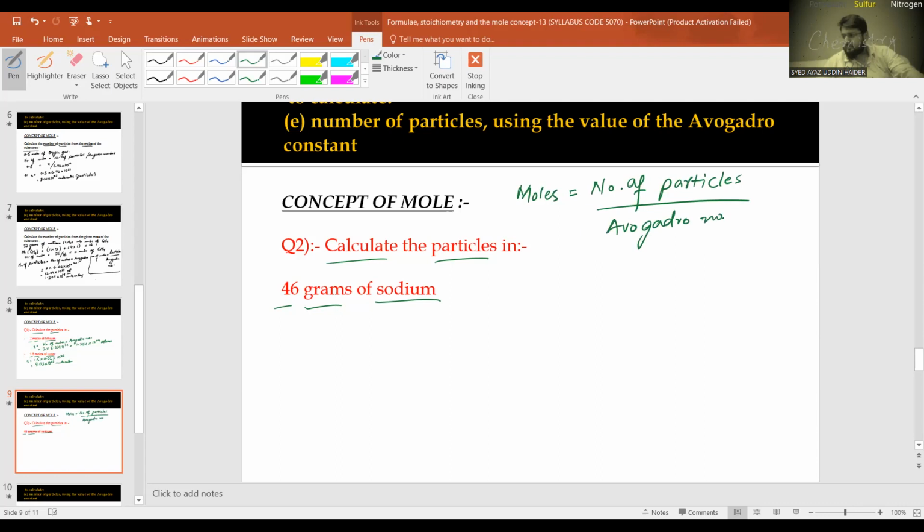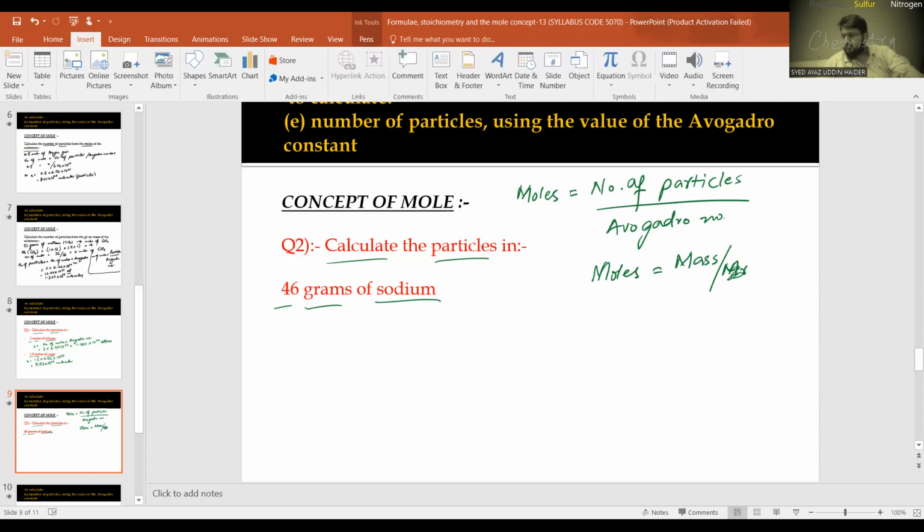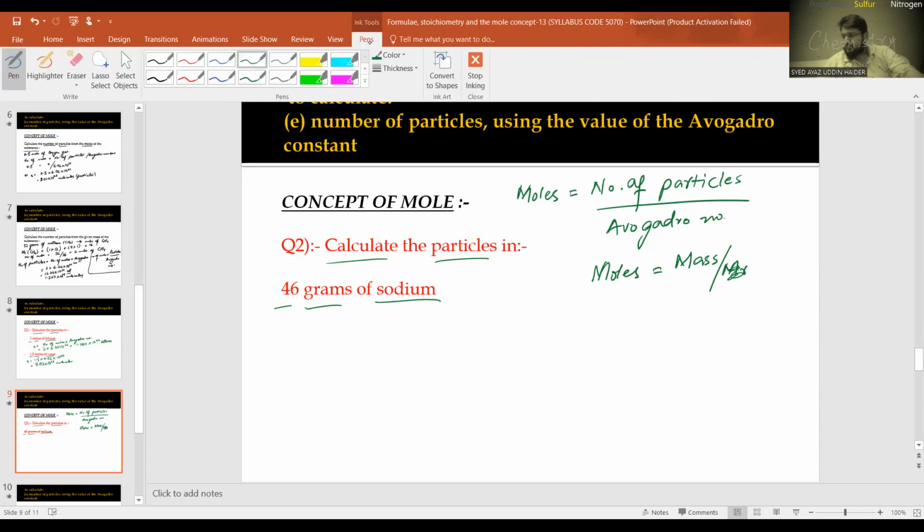Second formula is for calculating moles from mass, and that is moles is equal to mass divided by MR. Here we have sodium, so I can't write MR, I will write AR of sodium.